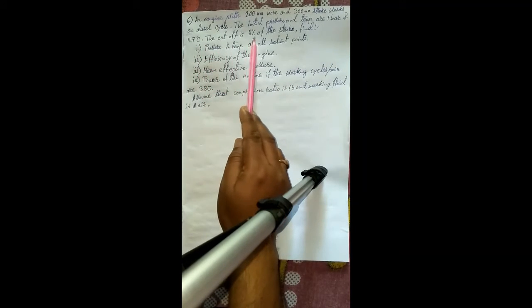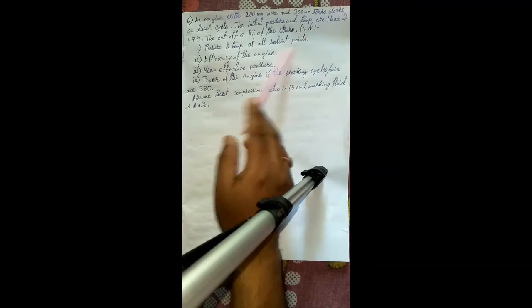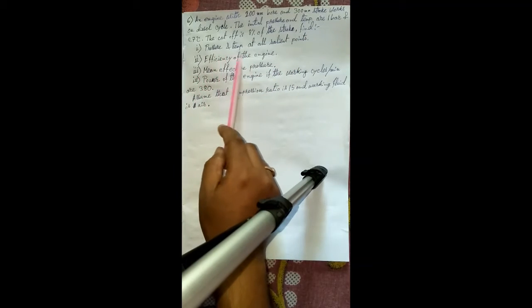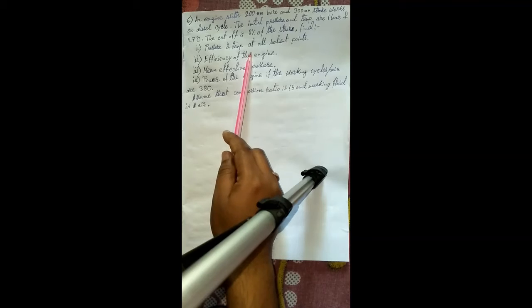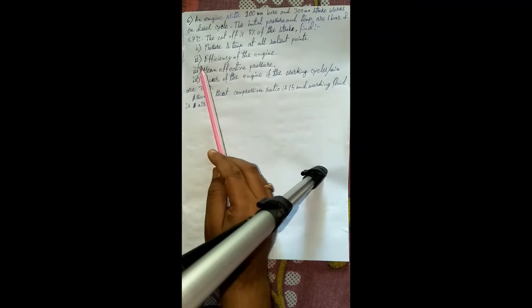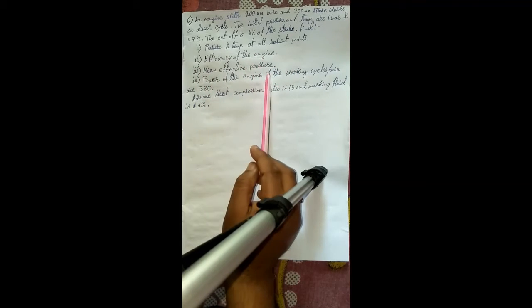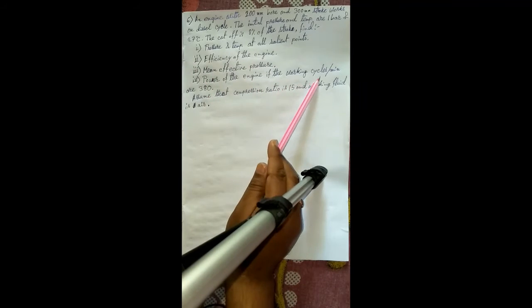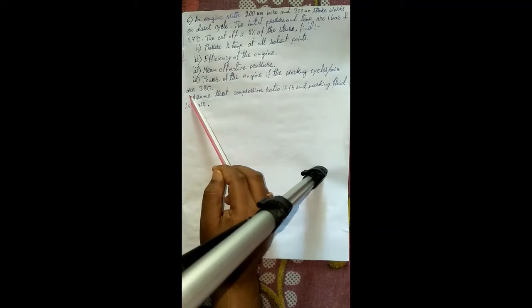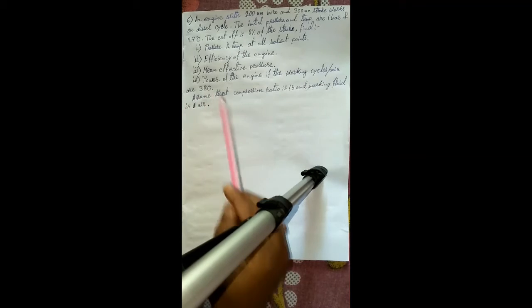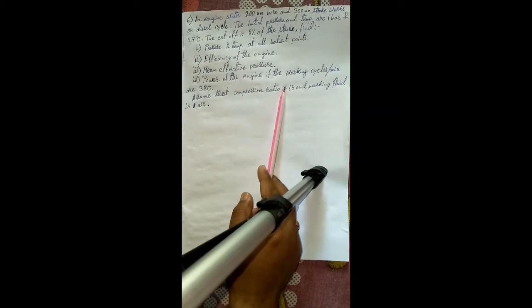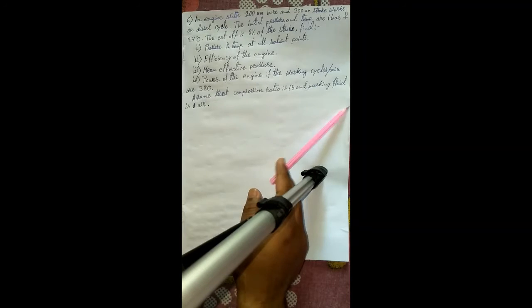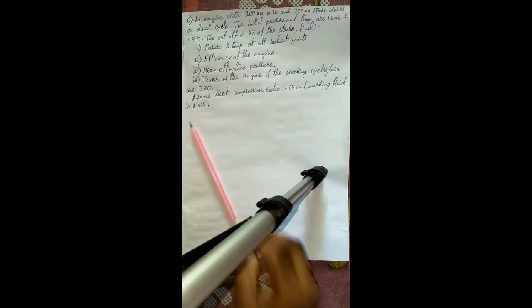The cutoff is 8% of the stroke. Find the pressure and temperature at all salient points, efficiency of the engine, mean effective pressure, and the power of the engine if working cycles per minute are 380. Assume that the compression ratio is 15 and working fluid is air.